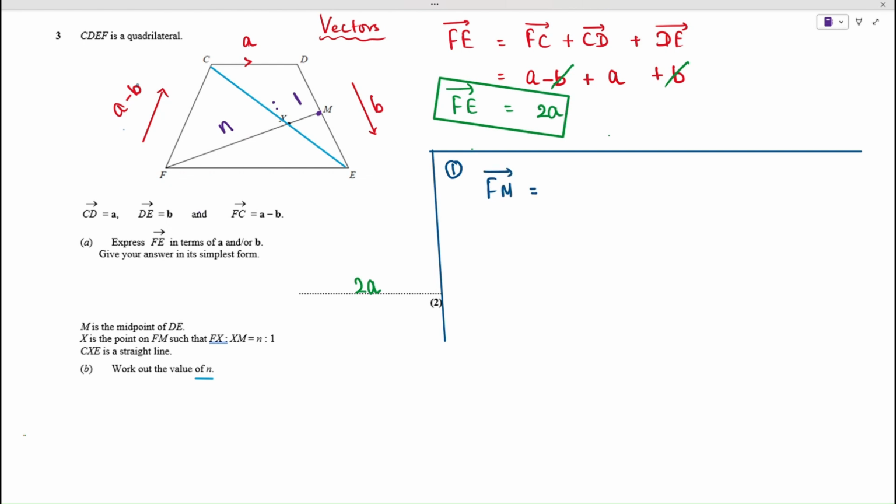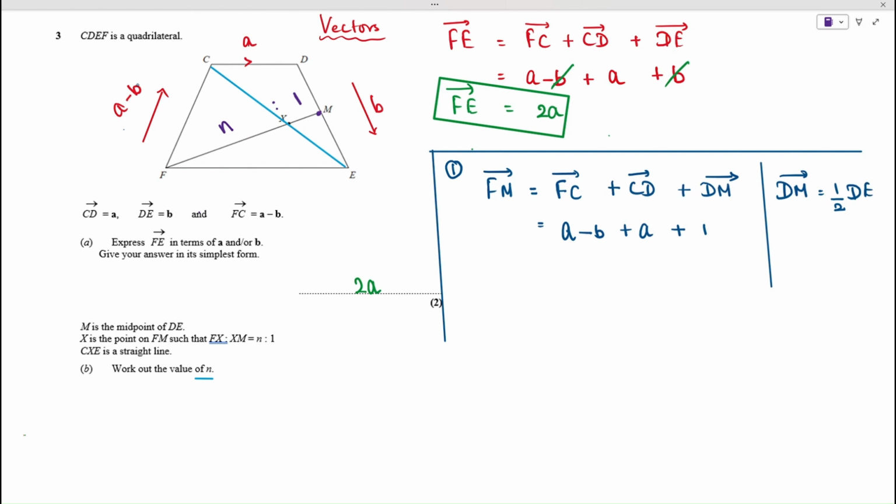Now this follows a similar route to F to E, which is F to C plus C to D plus D to M. So writing it all out, we have a minus b plus a plus D to M. M we know is the midpoint of DE, so D to M will be half of what D to E is, which is half of b.